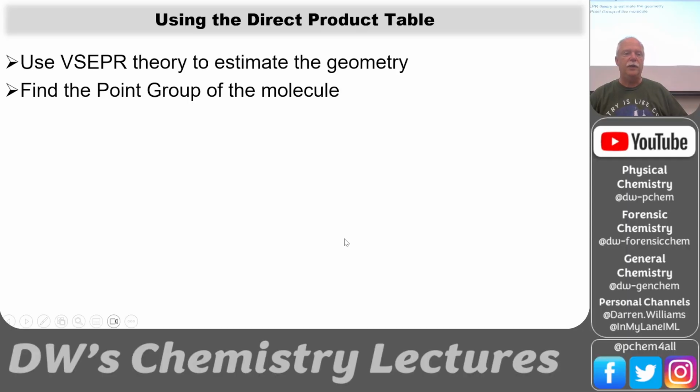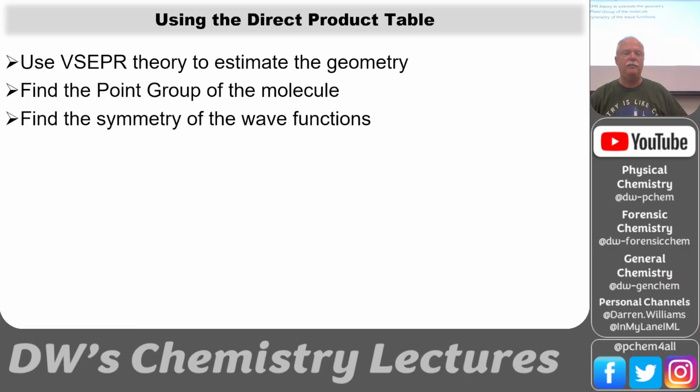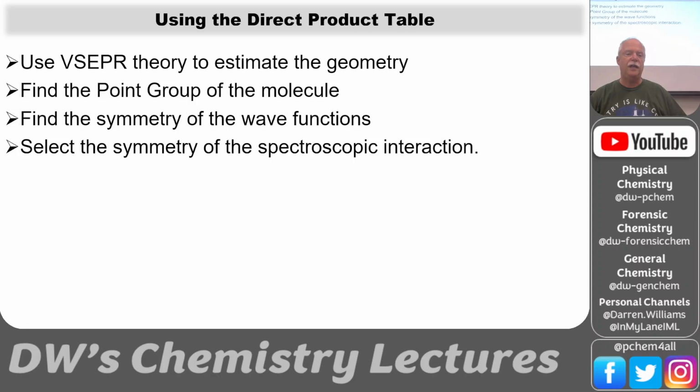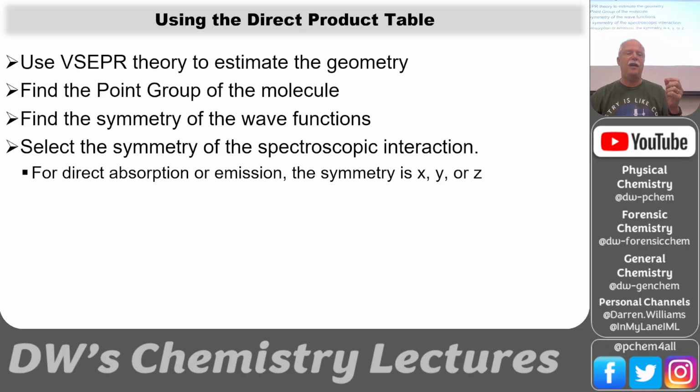So this is what we do. We use VSEPR theory to get the geometry, find the point group, find the symmetry of the wave functions, and then select the symmetry of the spectroscopic interaction. So we have two different types of spectroscopic interaction that we're talking about, two categories. The first category is absorption and emission. It sounds like two things, but they have the same interaction. It's a single photon.